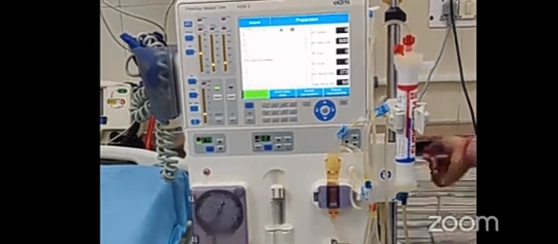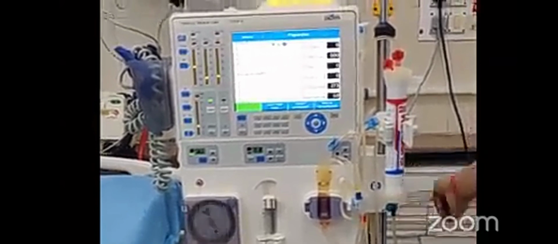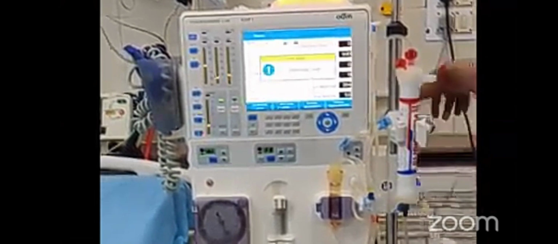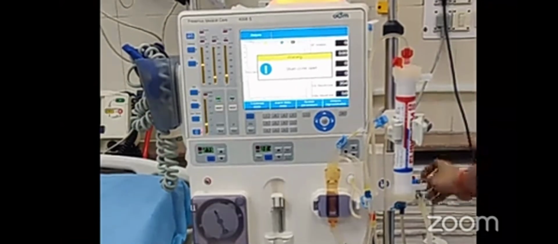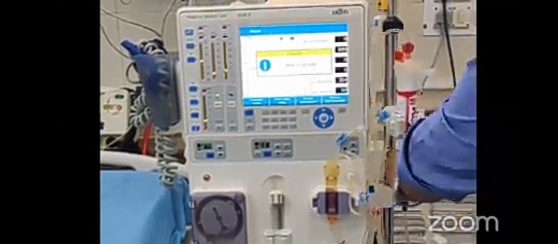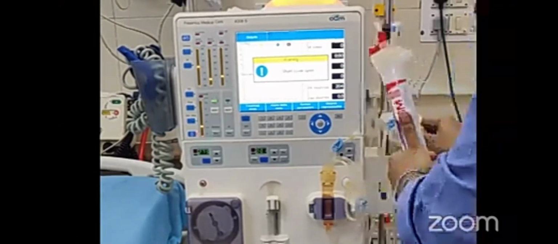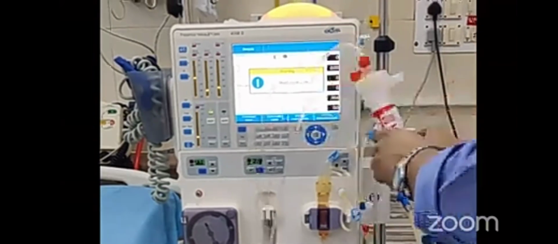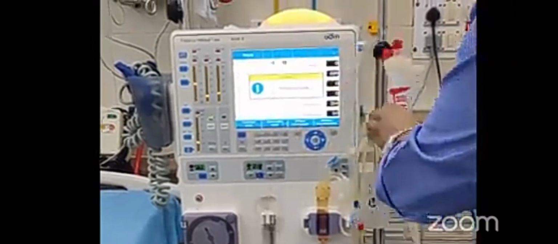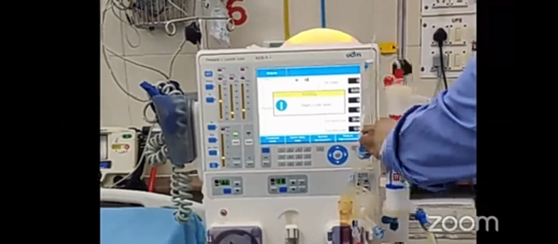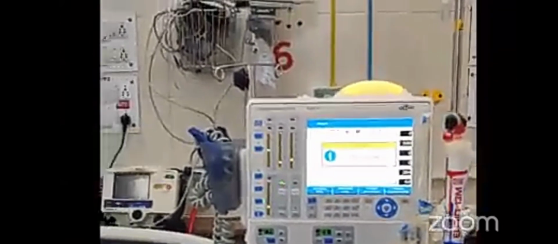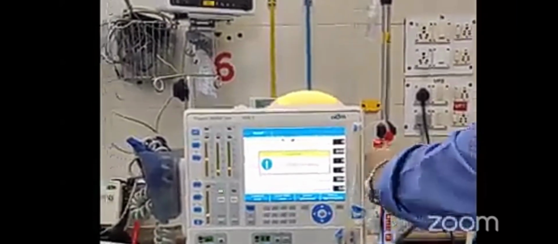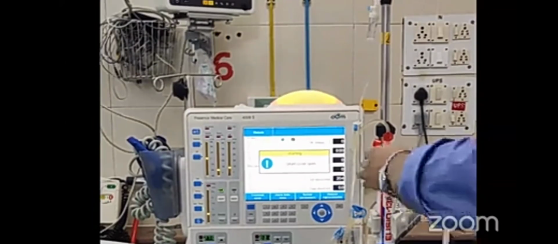Now after this, we have to start the dialysis. Before that, we just have to open this chamber over here, and we will reverse this. And then we will be connecting over here.